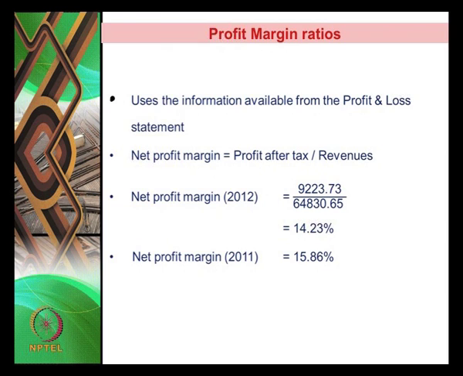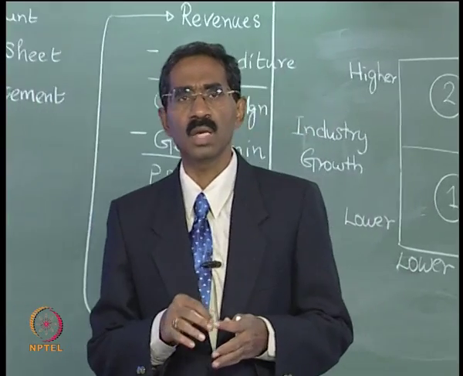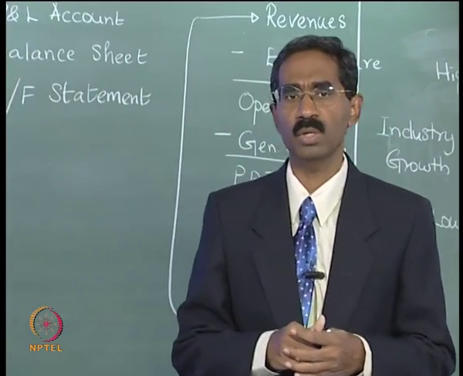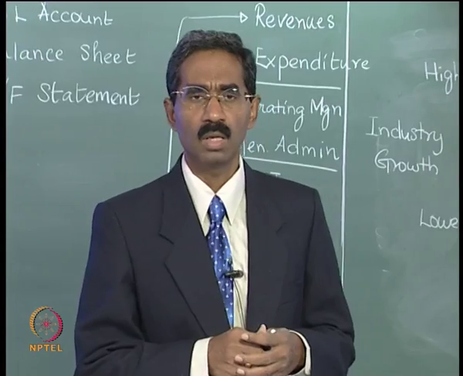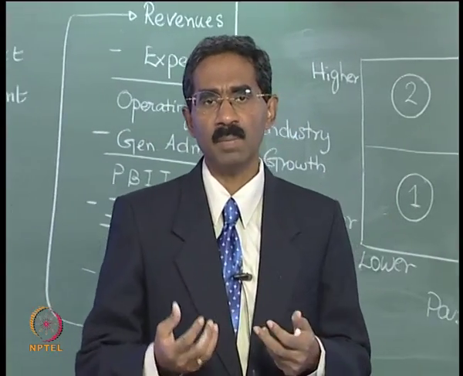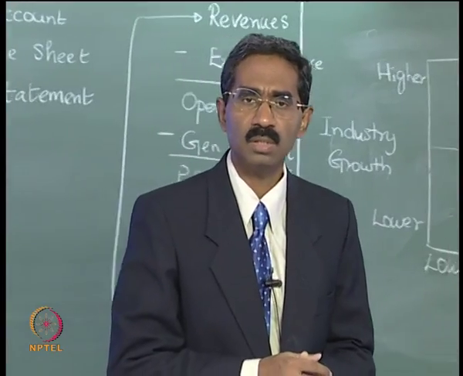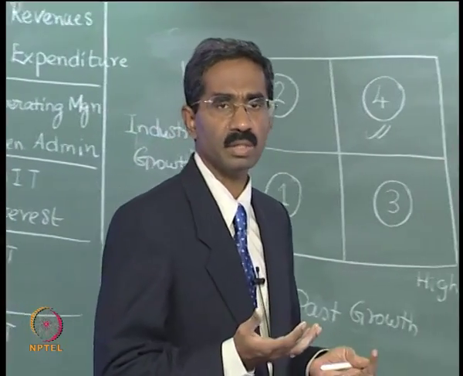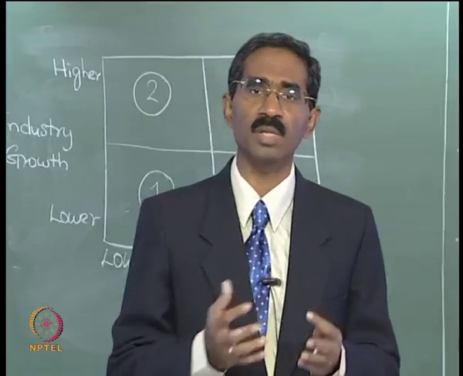So this works out to a ratio of 14.23%. So during the year 2012 the net profit margin is 14.23%, but as I have been discussing earlier, this number of 14.23% does not really convey any meaning except to simply state that the company is profitable.